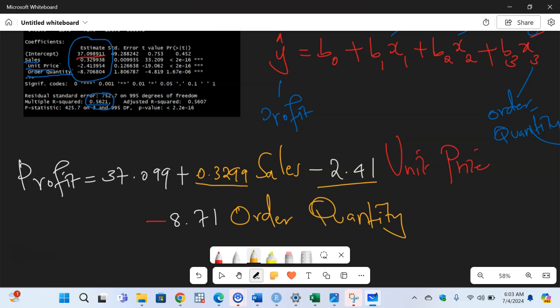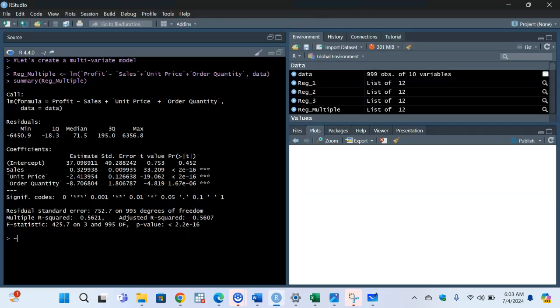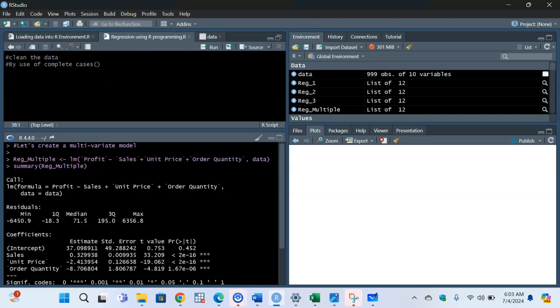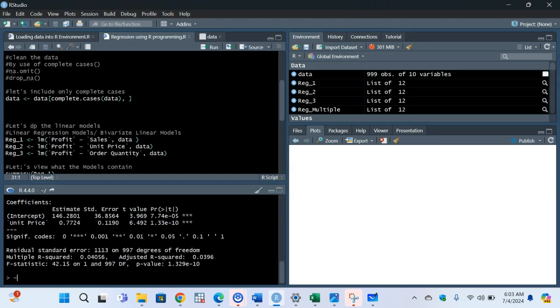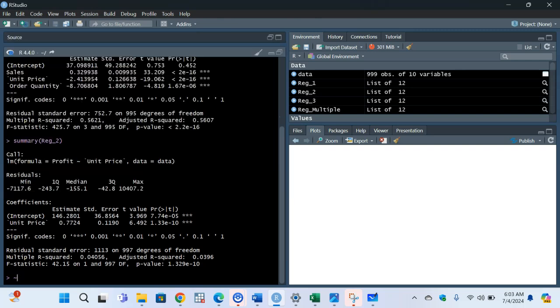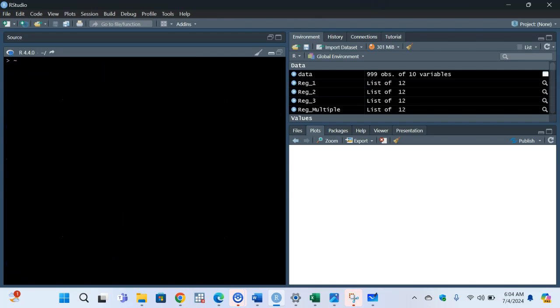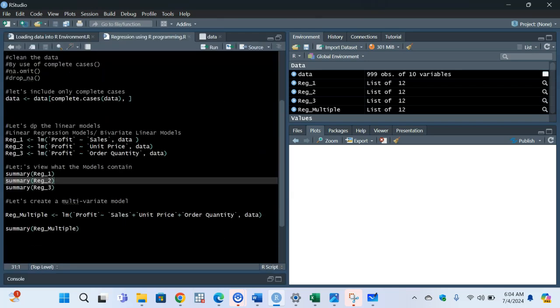If you go to model 2, the second model, you see the unit price was positive, but in this case things have changed. We're talking about a negative relationship. Why? Because the price alone cannot fully affect profits.